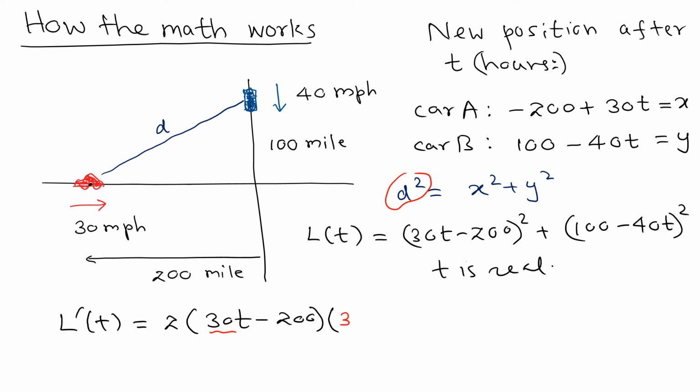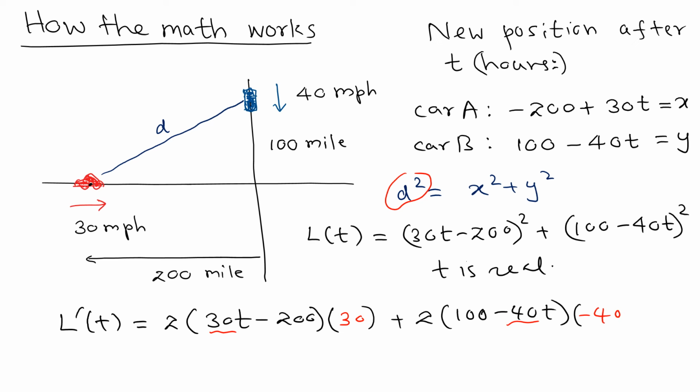So you get 30 here. Plus the other term, again 2 times (100 minus 40t), and then we get negative 40 because the inside derivative is negative. So it is negative 40.